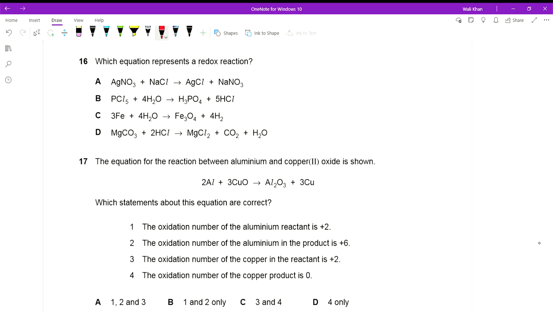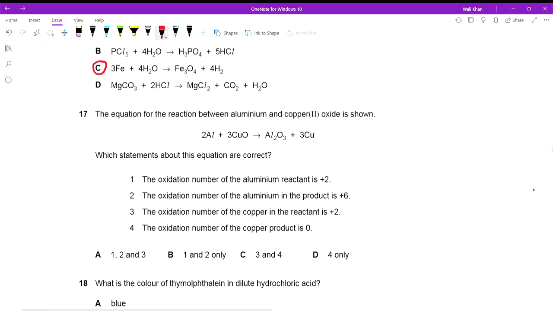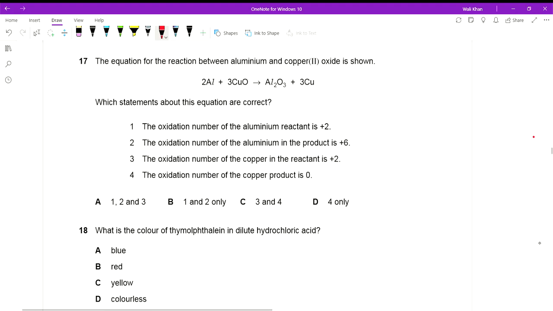A redox reaction means both oxidation and reduction are carried out. So it is C, the iron reaction. It is the redox reaction. It shows both oxidation and reduction.